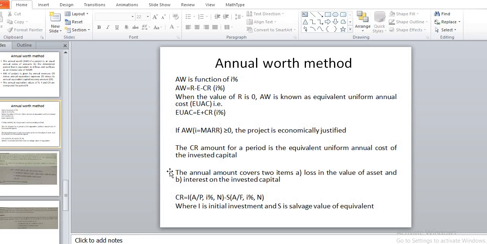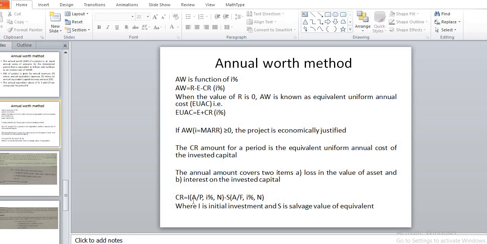This annual amount we can consider as two terms: the loss in the asset value and the interest on that invested capital.